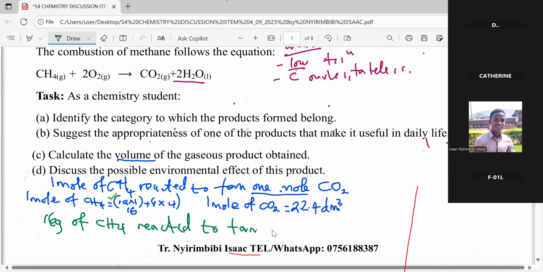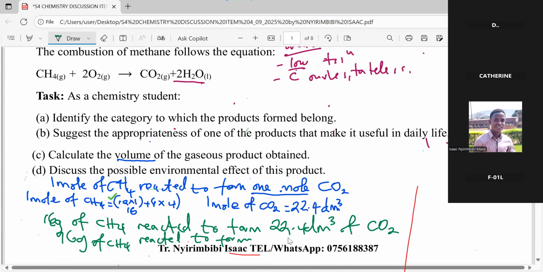Then we can just go direct. How many grams now? 96 grams of CH4 reacted to form.